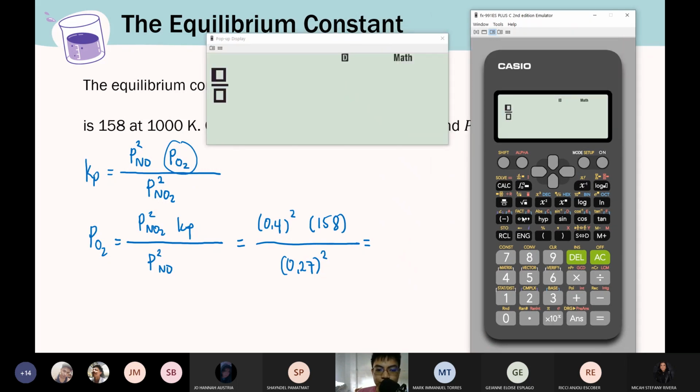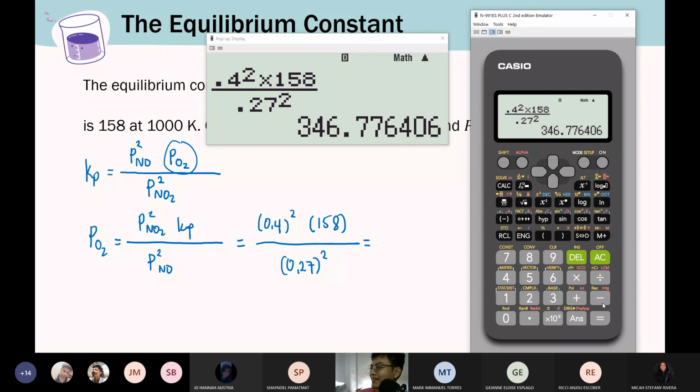So that will be 0.4 squared times 158 divided by 0.27 squared. 346. Nakakagulat. 346.78. Okay lang yan. Tama naman yung ating substitution. So, tanggapin na lang natin.